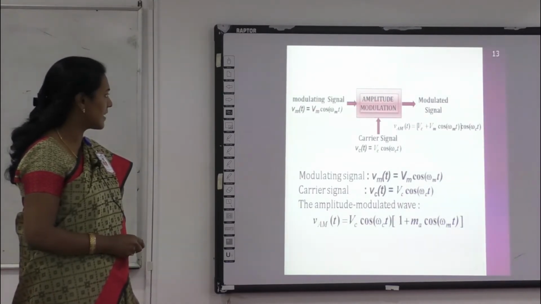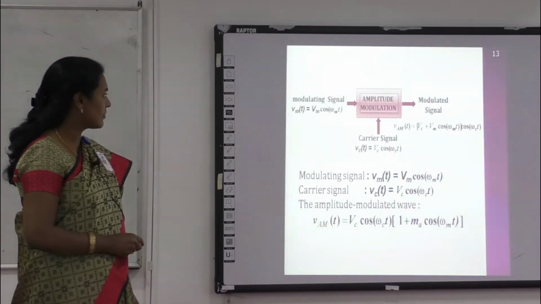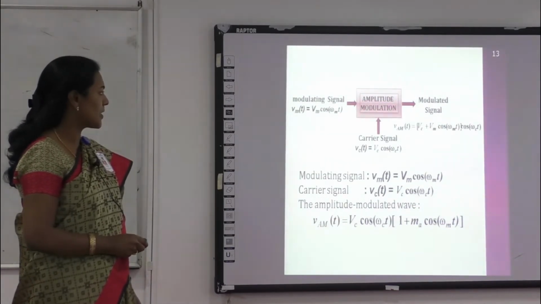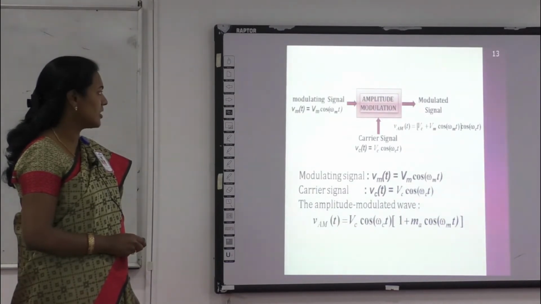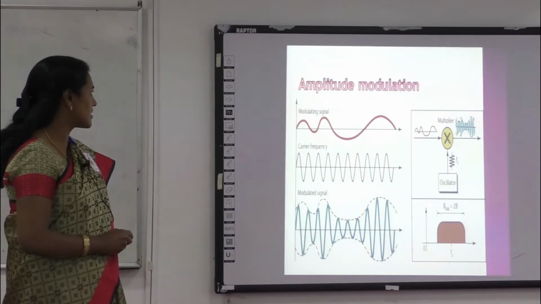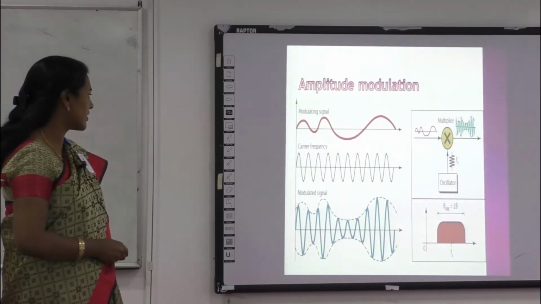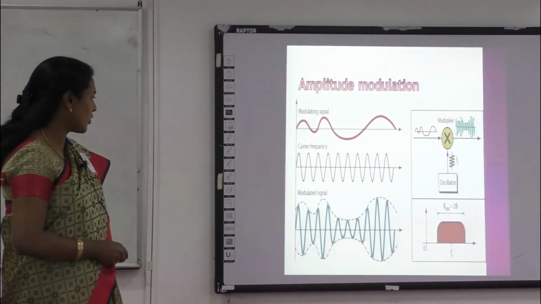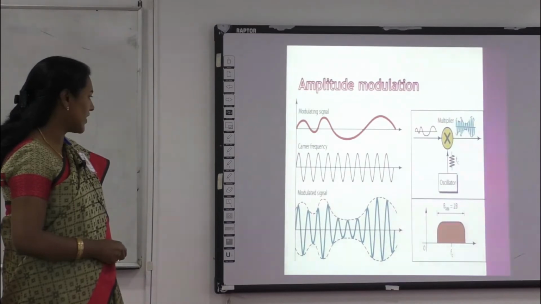You look at the carrier signal, Vc. Instead of Vc, we have Vc plus Vm cos omega m t. The change in amplitude is discussed here. You can look at this process and the modulated signal. The amplitude of the carrier changes, varying with respect to the modulating signal. It is not exactly equal to Vm; it varies.